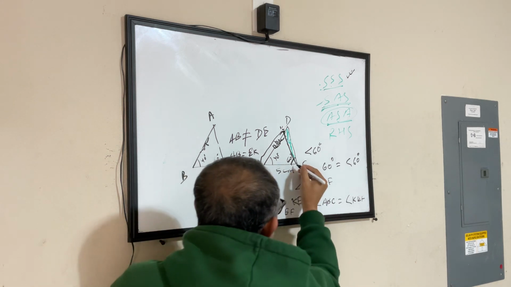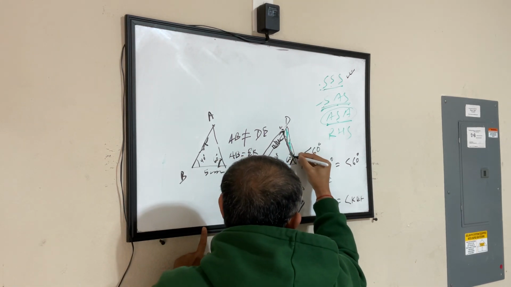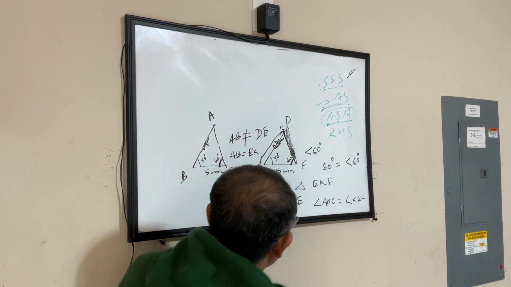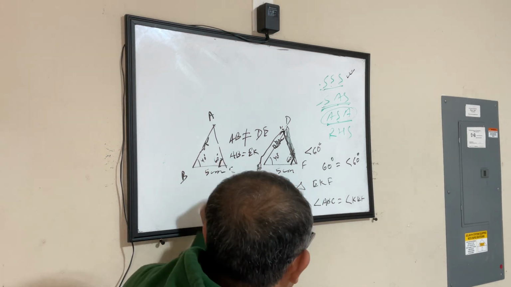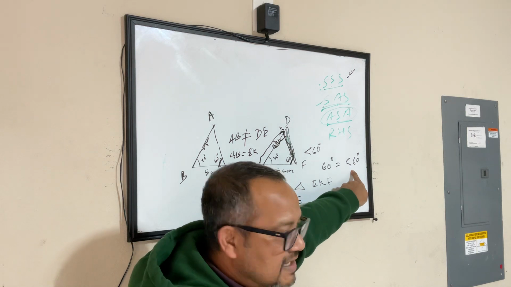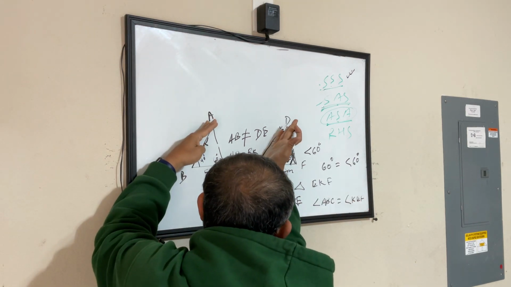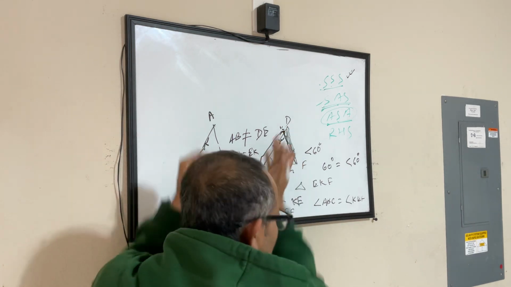That means this angle, which is less than 60 now because we trimmed one portion, which I am shading right now, so we took a little bit out of 60 degrees, and we are saying 60 is equal to something less than 60. That means the assumption that this side and this side are not the same was wrong. That eventually means they are actually the same.